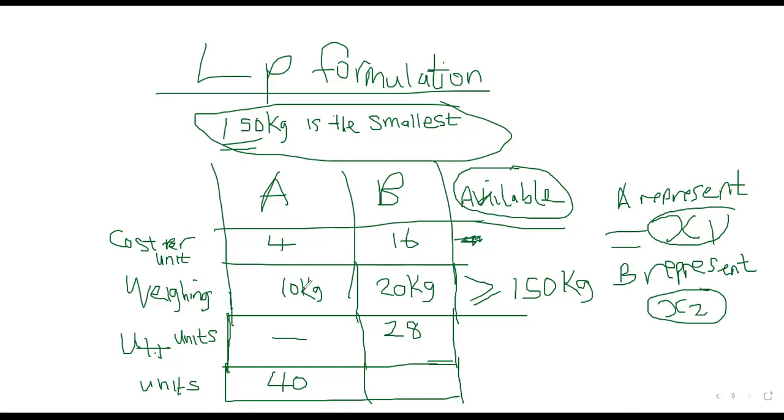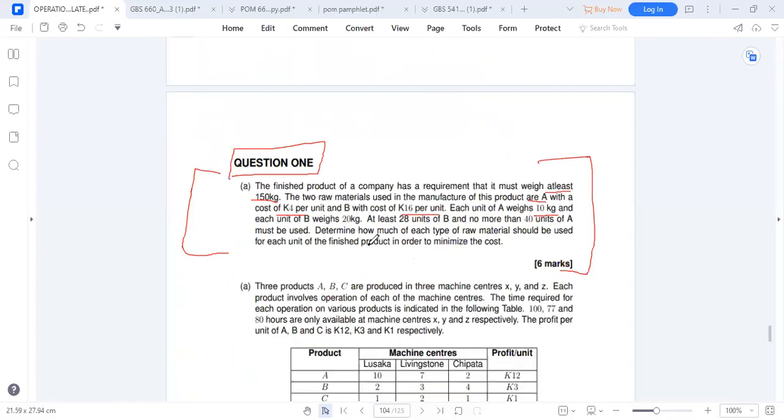Okay, so now what it means here is that they are saying determine how much of each type of raw material should be used for each unit of finished product to minimize cost. The objective of every organization is to minimize the cost.